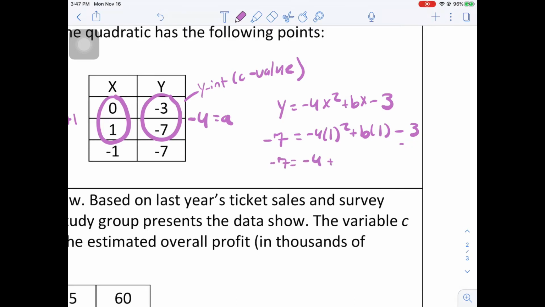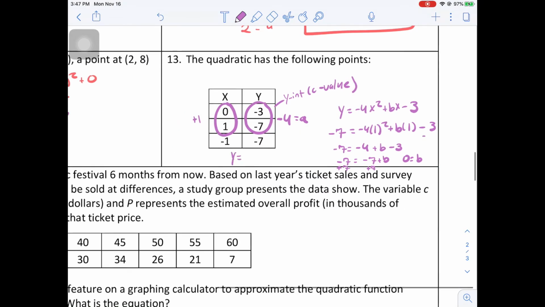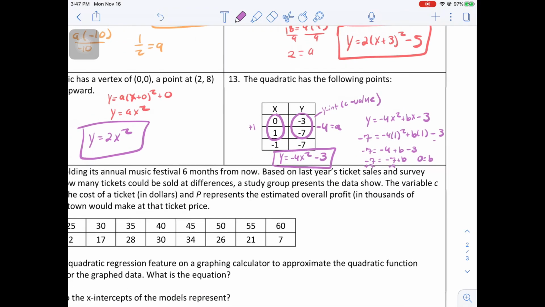Actually, we'll wait to do that. -7 is equal to -4 plus b minus 3. So that's going to be -7. So -7 is equal to -7 plus b. So if we add 7 to both sides, we get b is equal to 0. All right, so then our equation is y is equal to -4x squared minus 3.